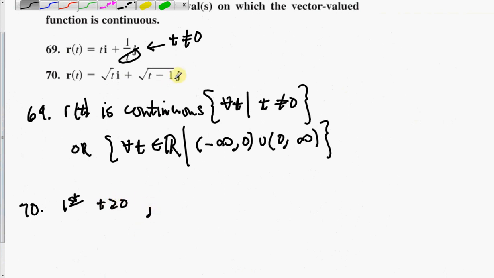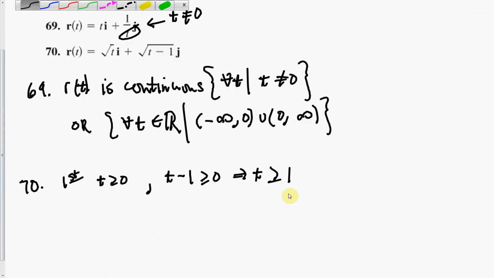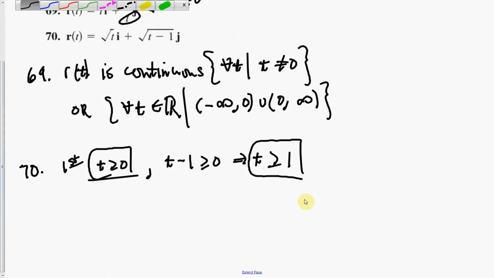Now for that second component, for the j component, t minus 1 has to be greater than or equal to 0. Now this implies that t has to be greater than or equal to 1. t greater than or equal to 1 is the intersection of these two mathematical statements. Right? It's the lesser of the two.